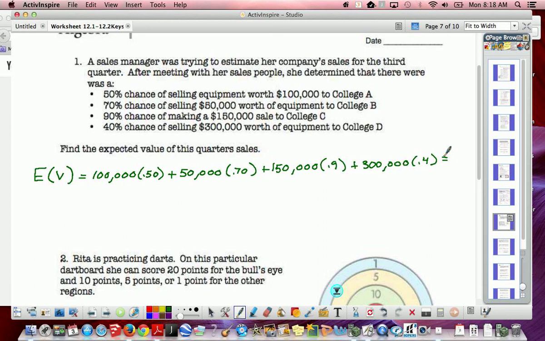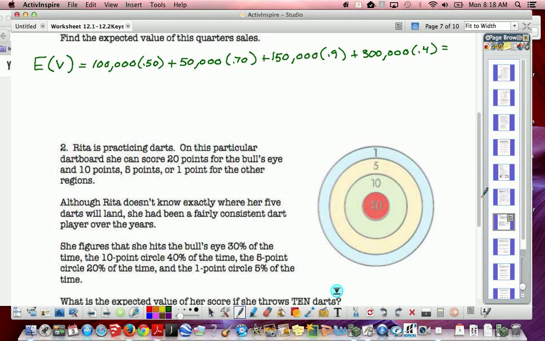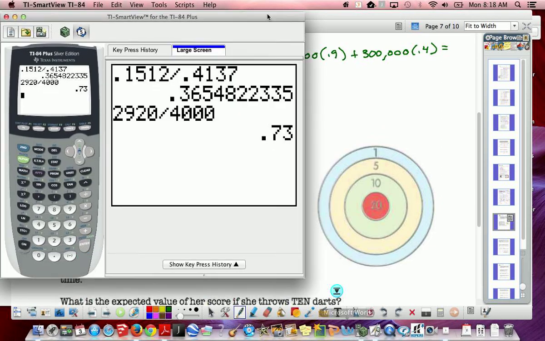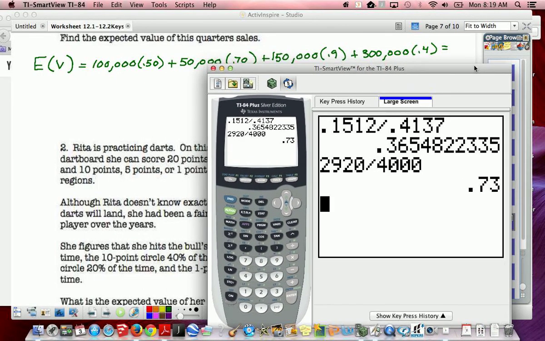So, taking out our calculator, I'm going to slide this up high so that I can see it as I enter it in. We just want to type these values in and get our results.